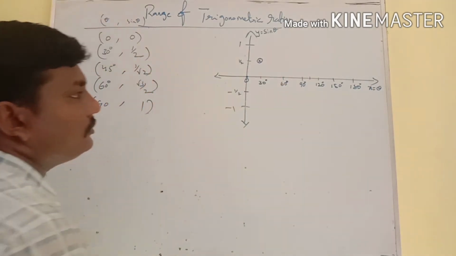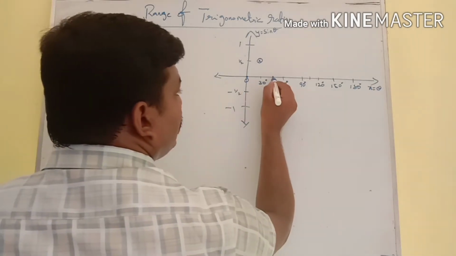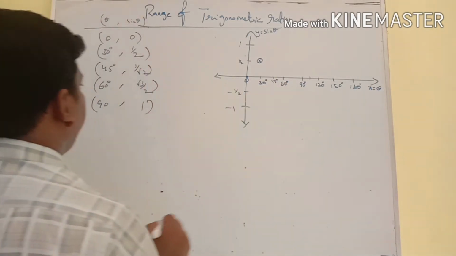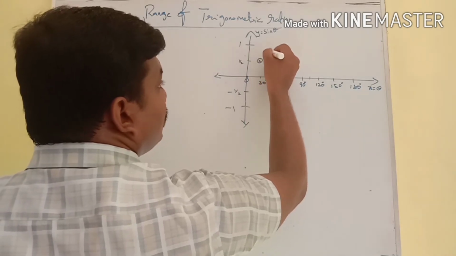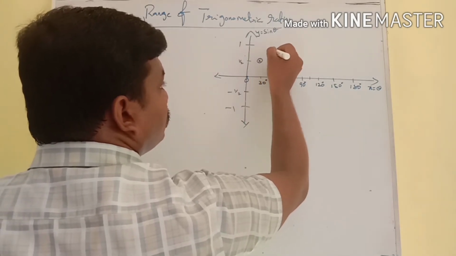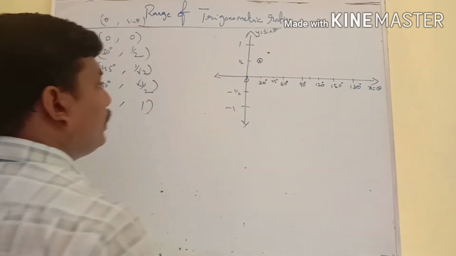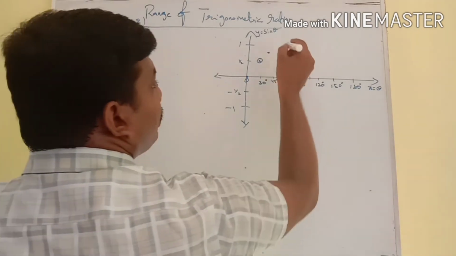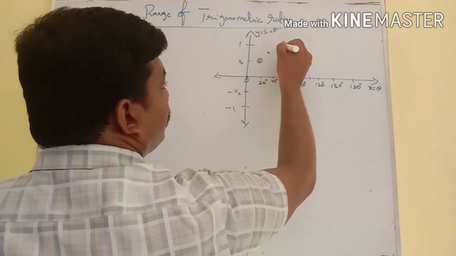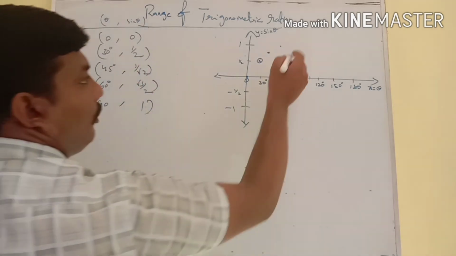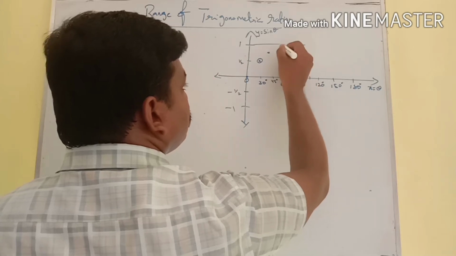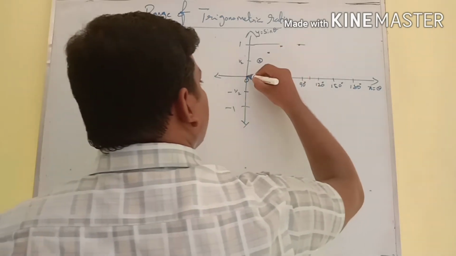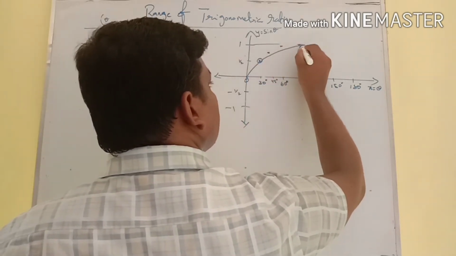Sin 45, in the middle, is 1 by root 2, which is about 0.7. Sin 60 is root 3 by 2. Sin 90 is exactly 1.